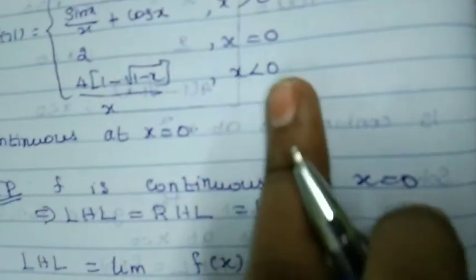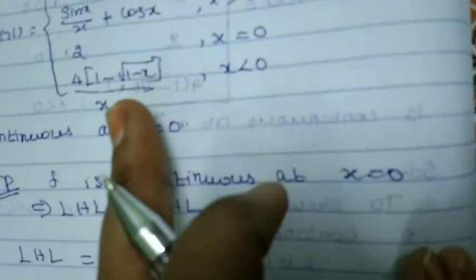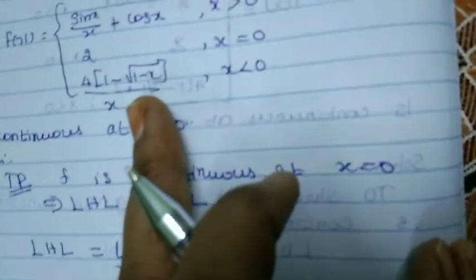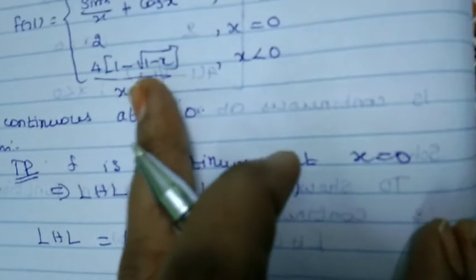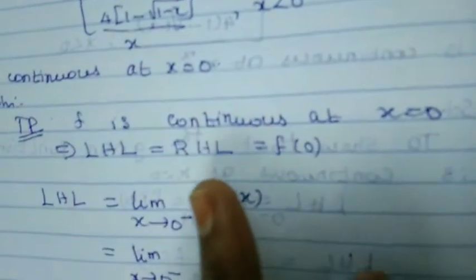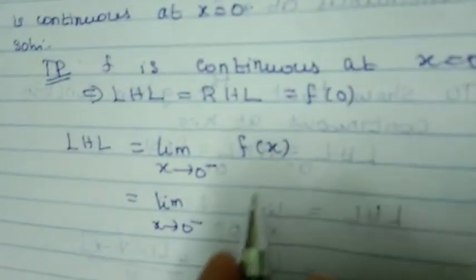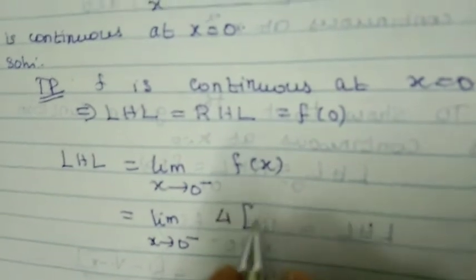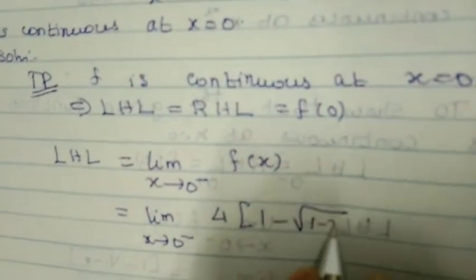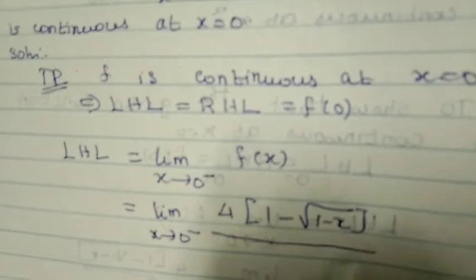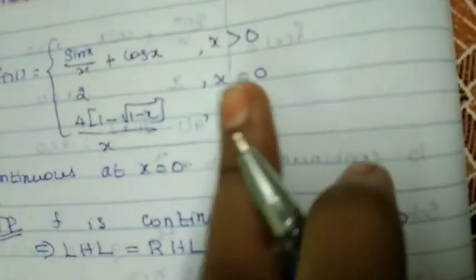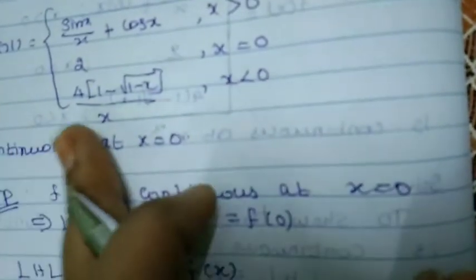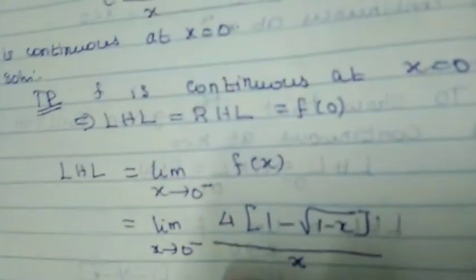So x less than 0 means the correct definition for f of x is 4 into (1 minus root of 1 minus x) by x. Here they have given three conditions, but the apt one is this one, so I am applying it here.